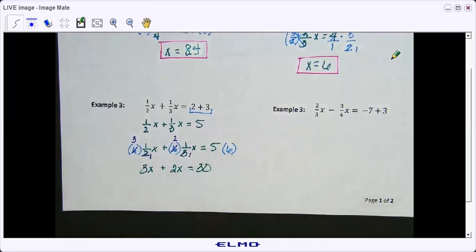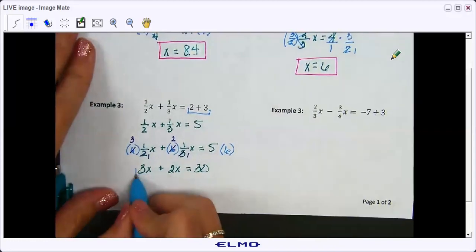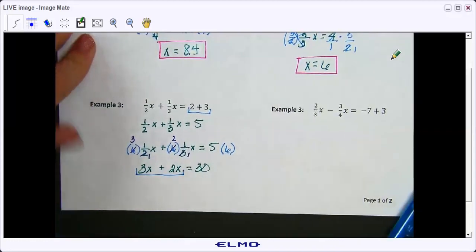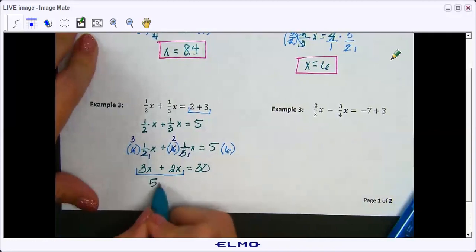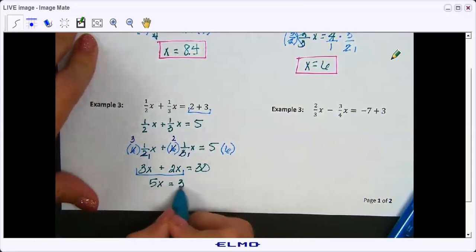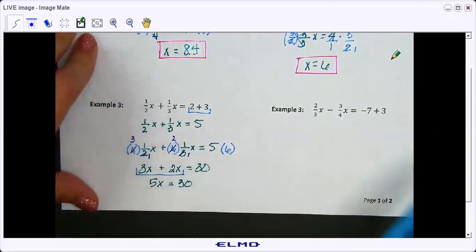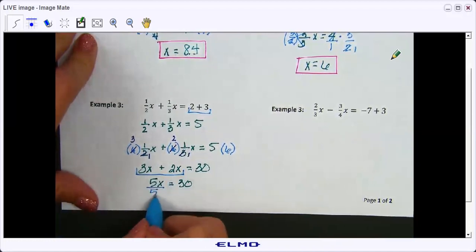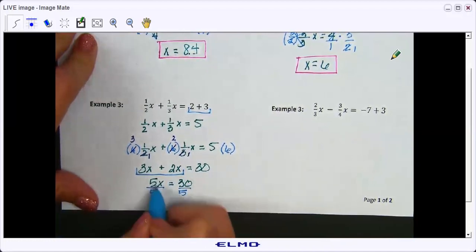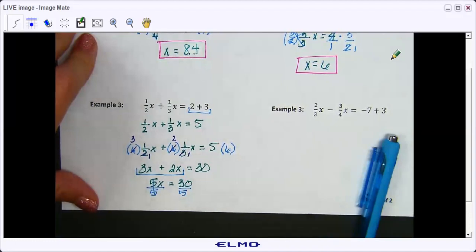So now I've cleared my fractions. And now I'm just going to combine like terms and solve my equation. So I can combine 3x and 2x. I get 5x equals 30. Then I divide both sides by 5. And x equals 6.